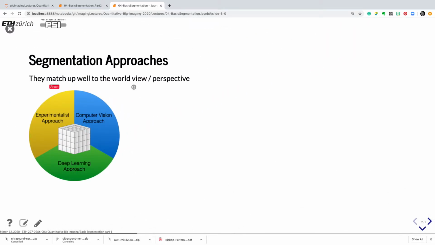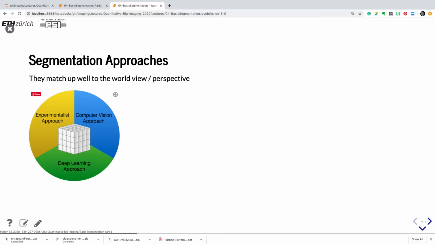But we come back to this pie chart again, that there are different approaches on how to work with the data. Many of you are probably going more from the experimentalist side. So you have your data and you have your questions, and probably also have some model, so you're going that way. With a computer vision approach, you would more think of it as signals and work on the data in that sense.